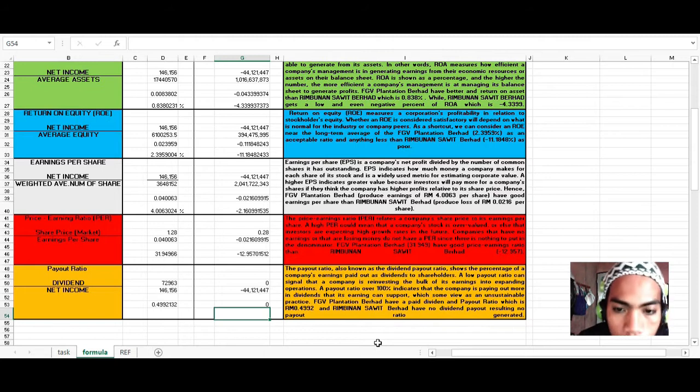A payout ratio over 100% indicates that the company is paying out more in dividends than its earnings can support, which some view as an unsustainable practice. FGV Plantation Berhad paid dividends with a payout ratio of 0.499, and Rimbunan Sawit Berhad has no dividend payout, resulting in no payout ratio.